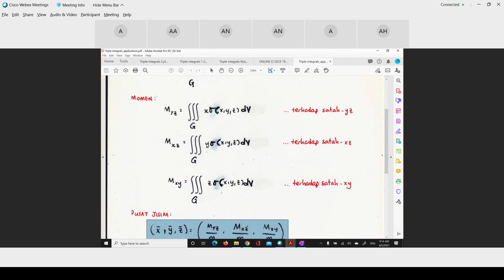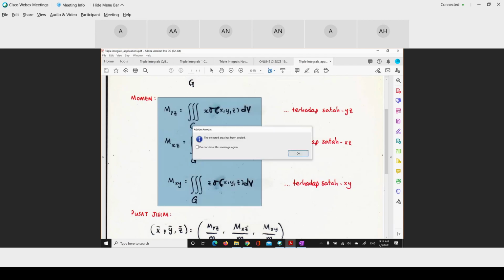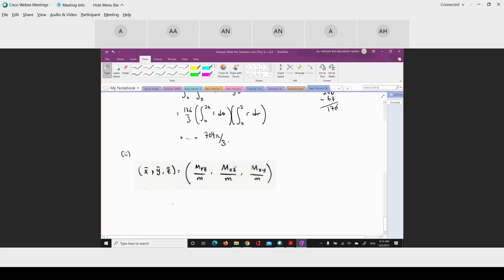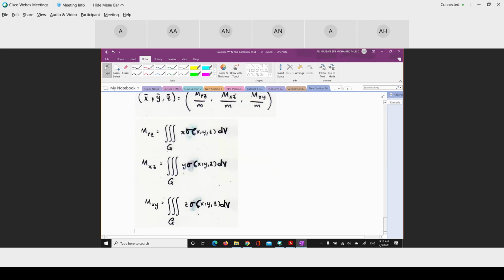It's all related to moments. These are called moments, with the given moments here.